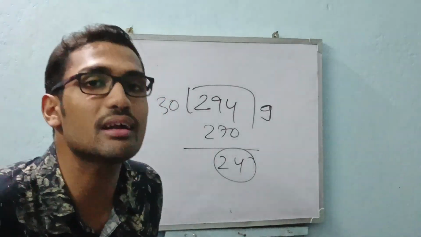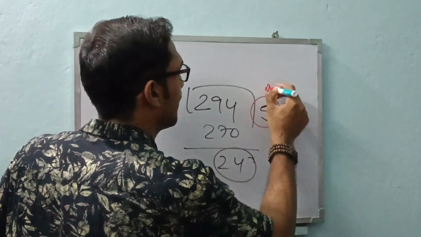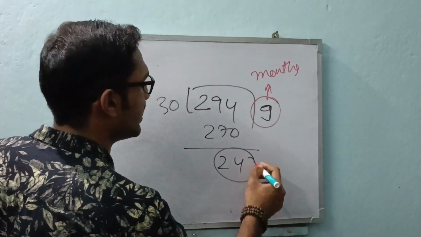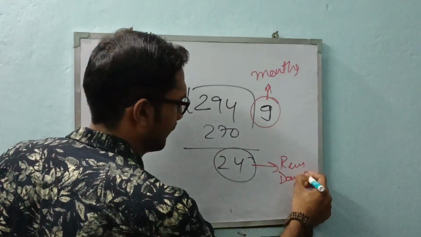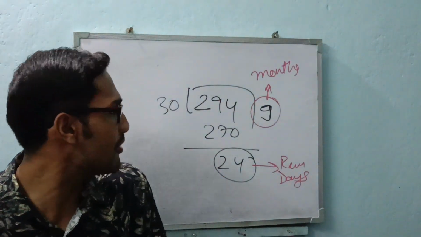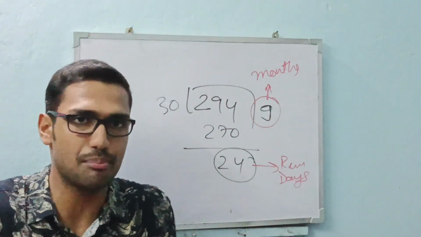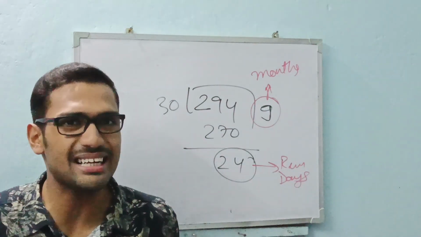Okay, so we have got our month. It's 9 months, and our remaining days is 24. So we have got years and months: 2 years, 9 months. Now we need to find the weeks and the remaining days.